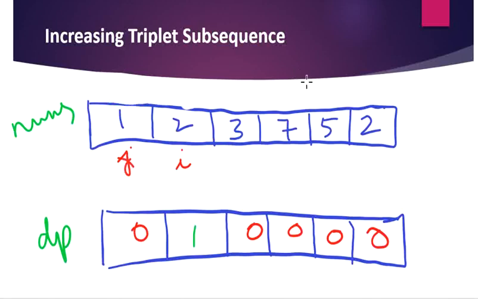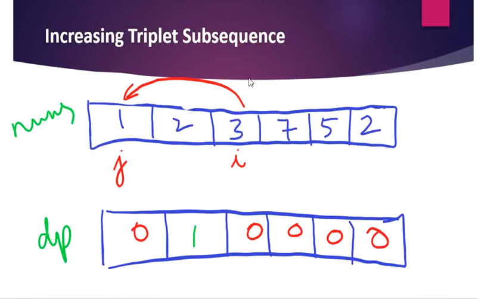Now moving our j pointer to the second element, the loop ends, and we have to advance our pointer i to the next element and start j at 0. We have our pointer i at 3 and j starts from index 0. Now we check whether 3 is greater than 1. Yes, 3 is greater than 1. So we can form a subsequence from 1 and 3.